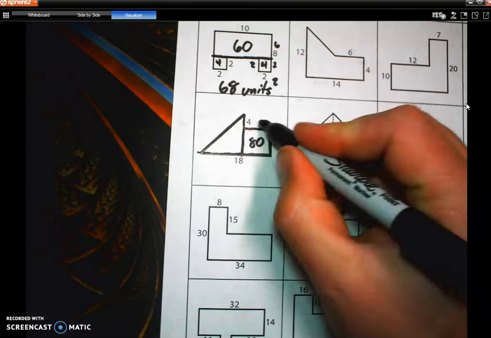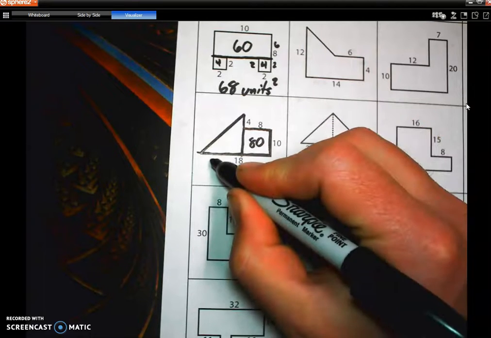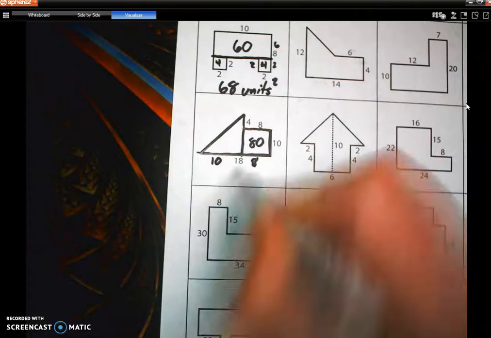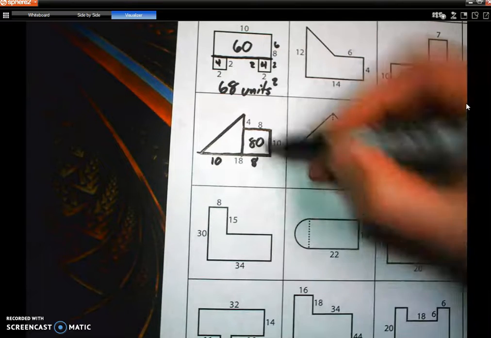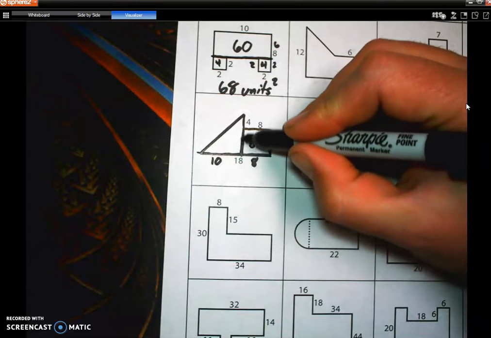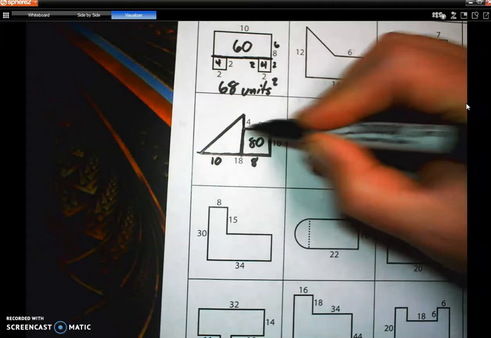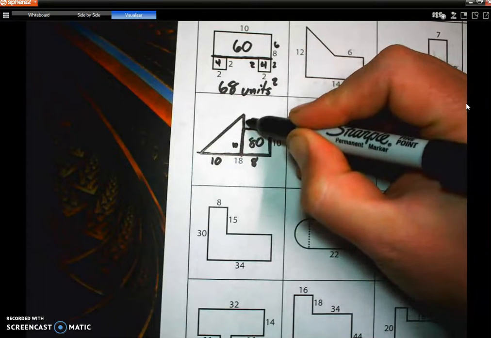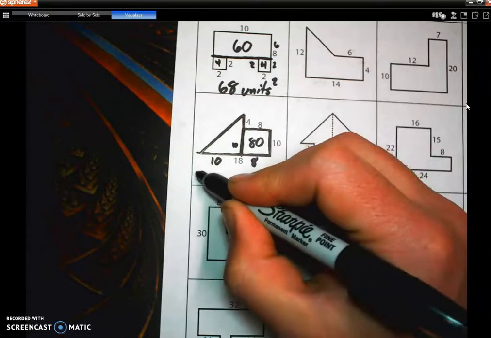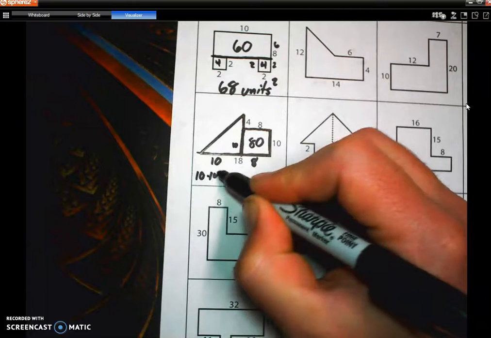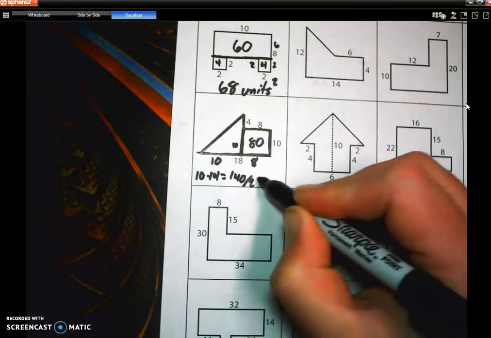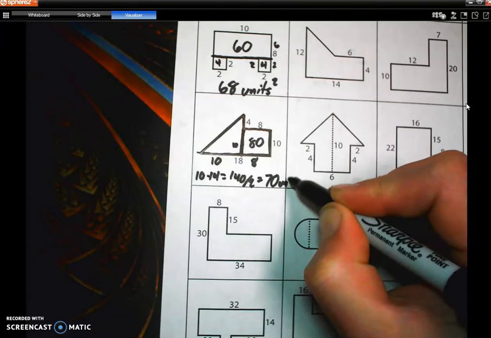If 8 of it is here, then this base is 10 plus 8 for a total of 18. And then this entire length is the length of the square plus that 4. Look over here, we know the length is 10 plus 4, 14. So I go 10 times 14, which is 140, and then divide by 2, 70 square units.